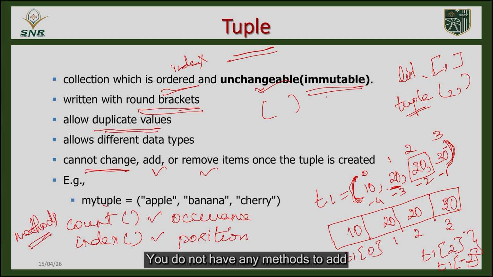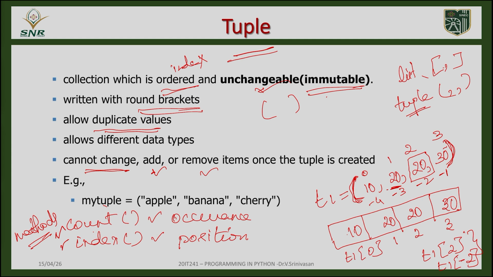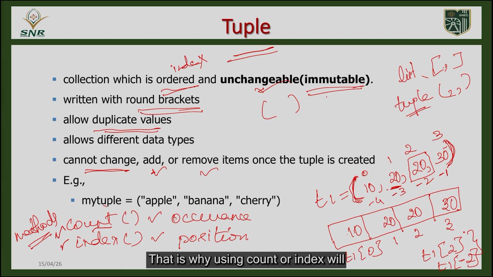You don't have any methods to add or remove the items. When I perform these two methods, the data inside the tuple never gets changed. That's why using count or index will not affect the values inside the tuple. That's why these two methods are there in the tuple, whereas you don't have any predefined methods to add or remove the items. So this is about tuples.